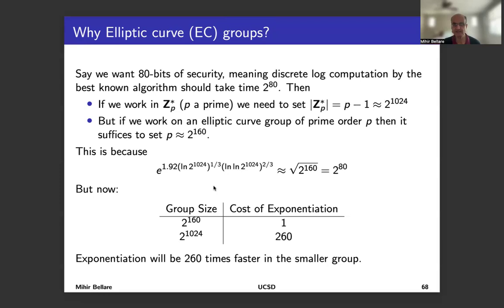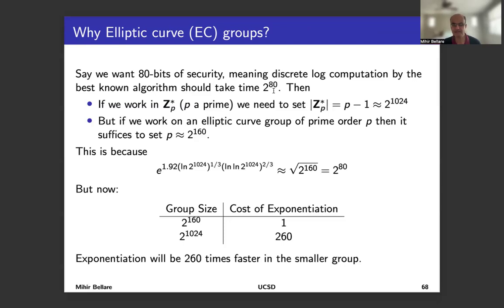And this slide kind of goes through that computation. What it says is, suppose you have a target 80 bits of security. What we mean intuitively by that is that we want the computation of the discrete log to take about 2 to the 80 time. And now we ask, how do I pick parameters to make sure that happens?